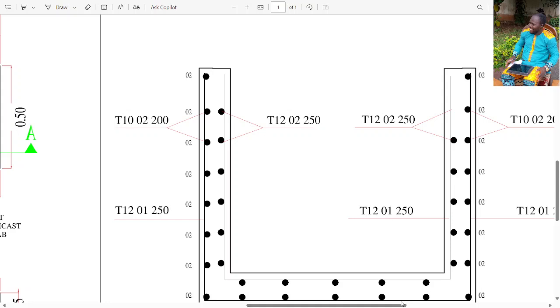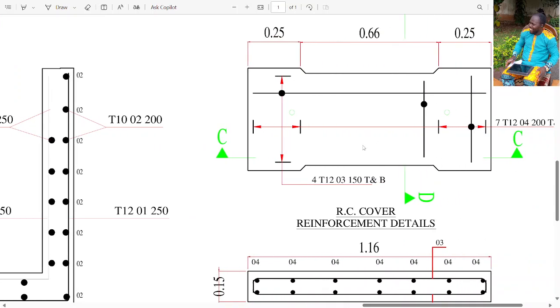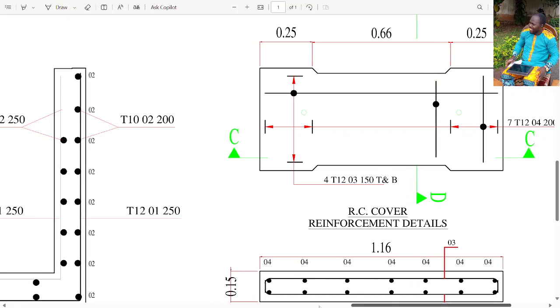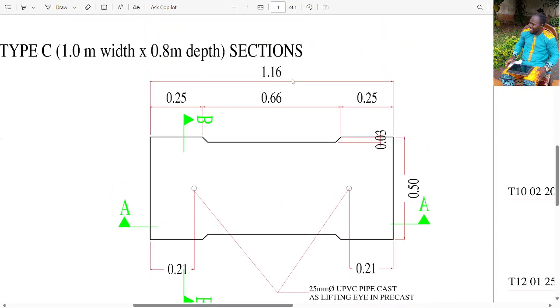Alright, so let's come over here. The same thing for this drainage. The covers are number items, so just permit me, we'll run through them right away: concrete, reinforcement, formwork. This is the total length, and this is the width. The width is 500. The total length is 1.16.